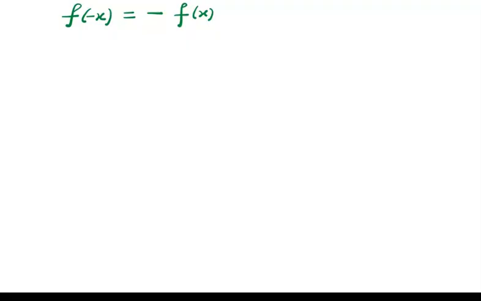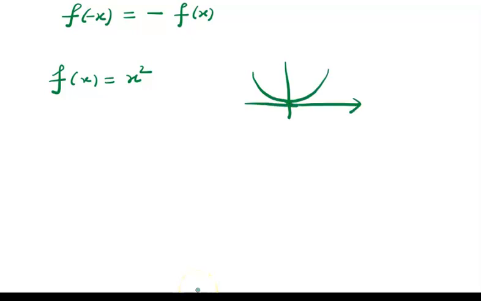And one simple example which is known to everyone, f of x is equal to x square. It is an upward parabola. You can see this is the upward parabola, and if you cut along this line and fold along this axis, your graph will overlap.